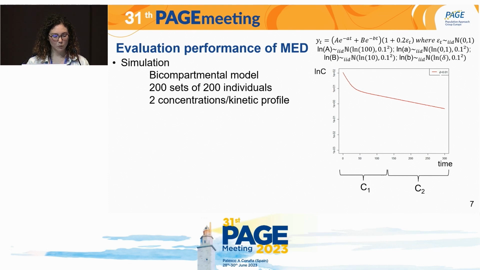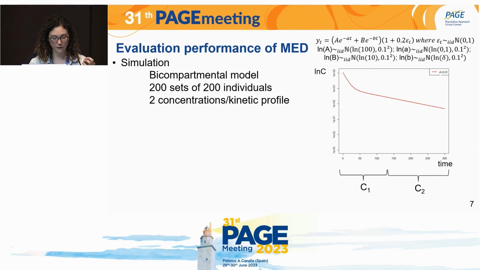We simulated observations with a bicompartmental model, and we have simulated 200 sets of 200 individuals with 2 concentrations per kinetic profile. The first concentrations were simulated during the first stage of the kinetic, and the second concentrations were simulated during the second stage of the kinetic.